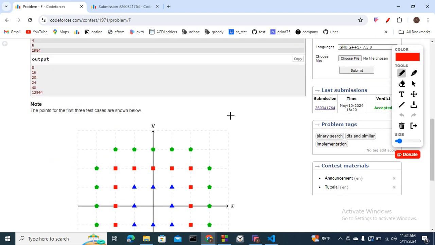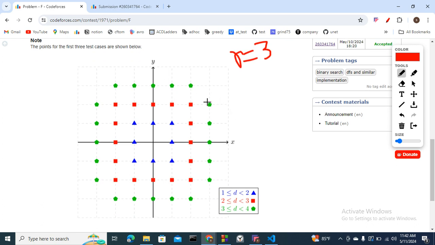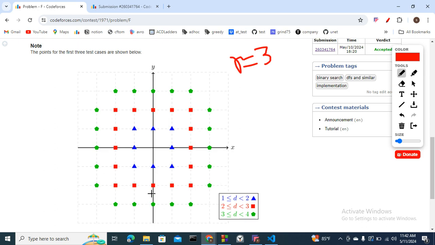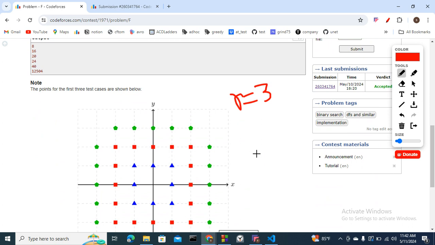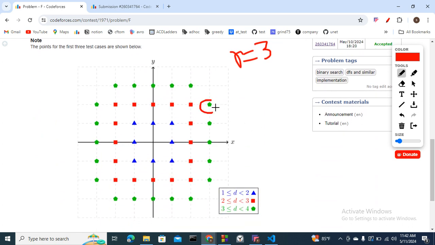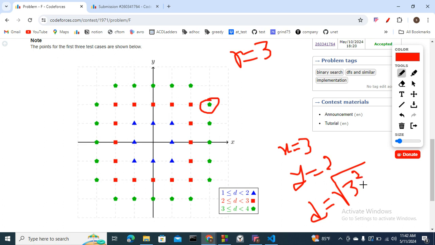Now, if we consider r equals 3, then these green points are the points that satisfy the condition. If we consider this point, where the value of x is 3 and the value of y is 2, then d will be root over 3 square plus 2 square.